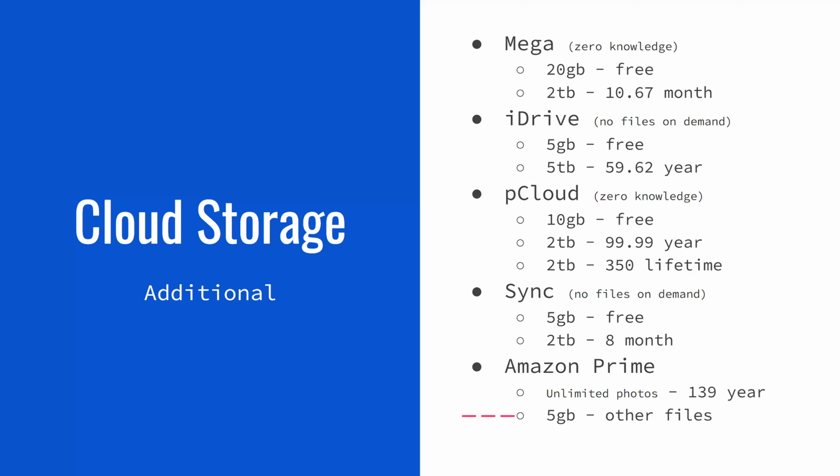The next one is Idrive. The main limitation with Idrive is it has no files on demand. If you remember when we talked about that earlier, this means that if you have 5 terabytes of Idrive space and your computer has a 1 terabyte hard drive, congratulations, you can only use 1 terabyte of your 5 terabytes in Idrive easily.